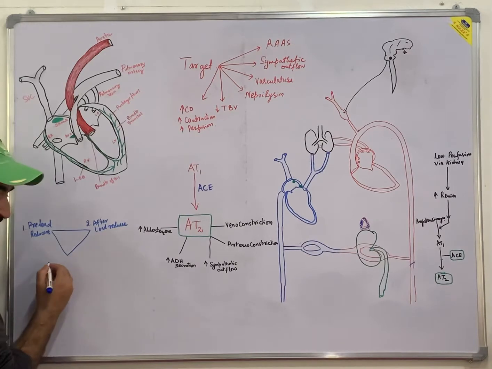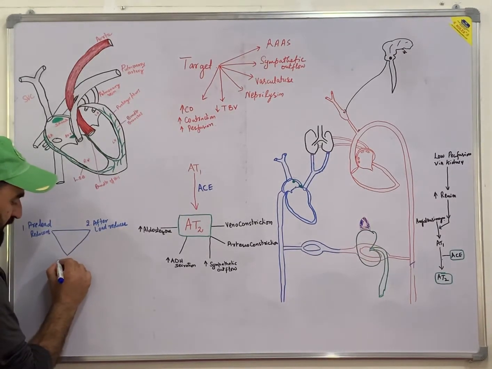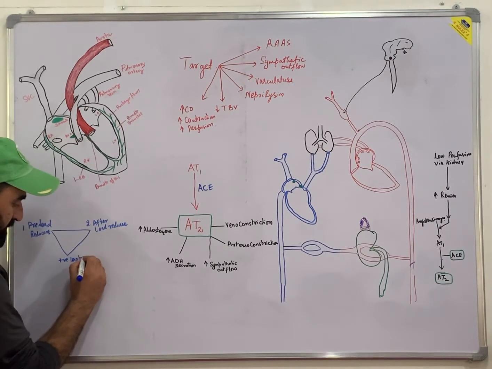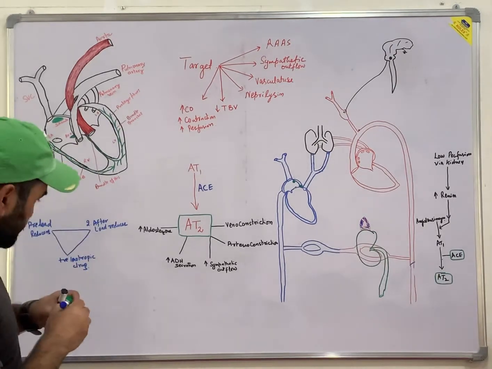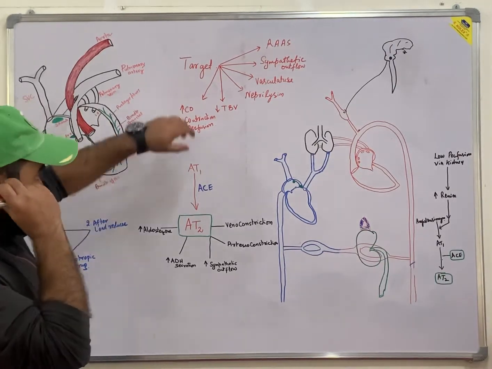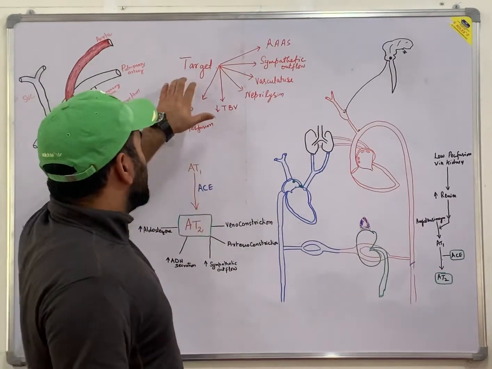And you need to increase the contraction. That means you have to give the positive inotropic drugs. So one by one we are taking all these things. Now that means why to target these things? Let me make you understand why.